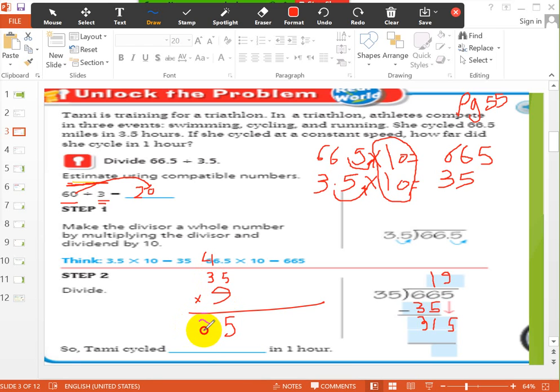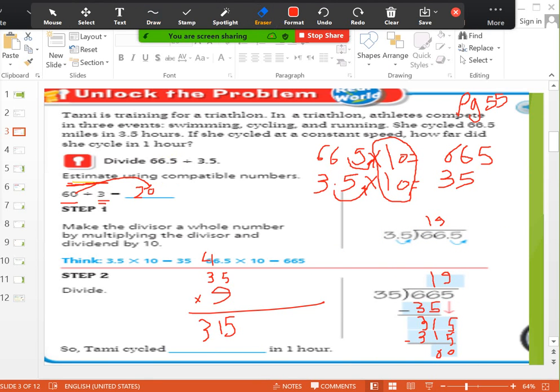So look, the answer is the same number here, 315. Now if you subtract, it will be 0. So the quotient for this division will be 19, and it will be the same quotient for the original division.